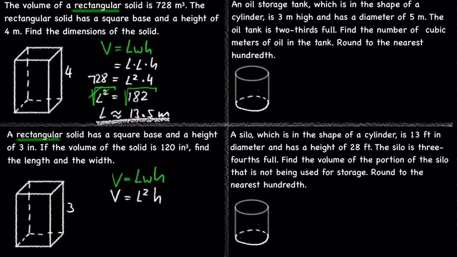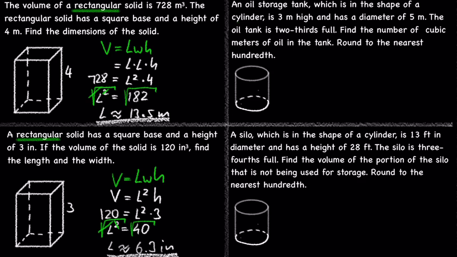The volume is 120 and the height is 3. 120 divided by 3 is 40. The square root of L squared is L, and the square root of 40 is approximately 6.3 inches.